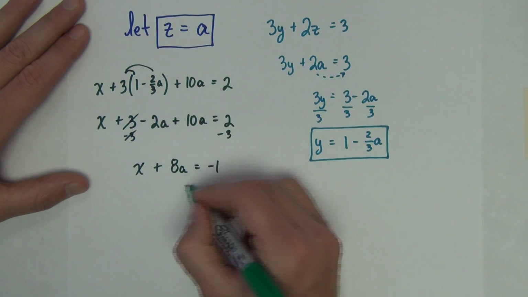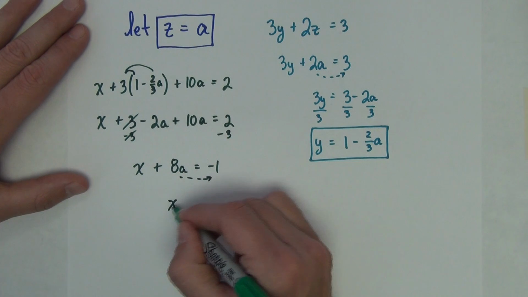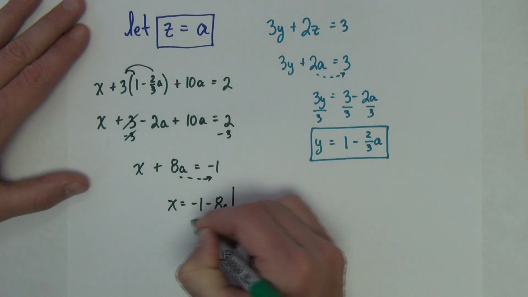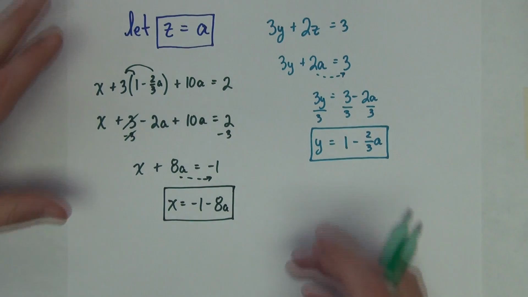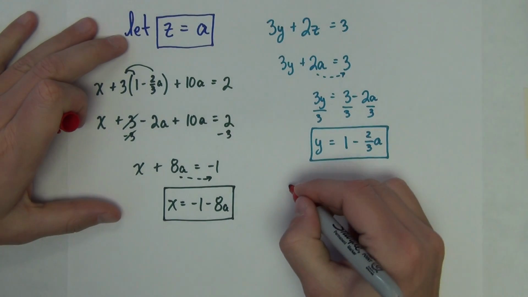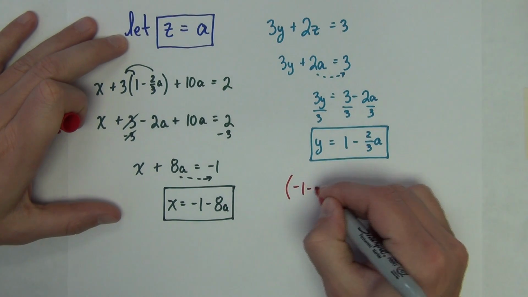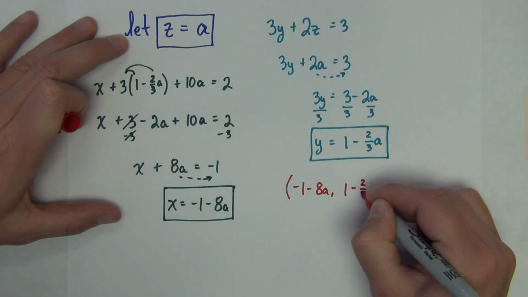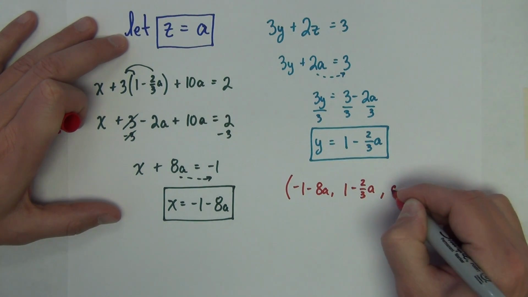I'm going to subtract the 8a over here, so I have x equals negative 1 minus 8a. Okay, so I've got an x, a y, and a z, I've got this system of equations solved for. Solution is negative 1 minus 8a, comma 1 minus 2/3 a, comma a.